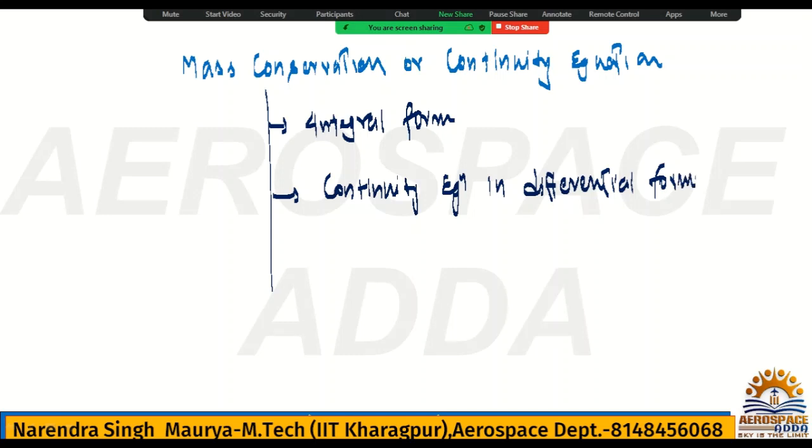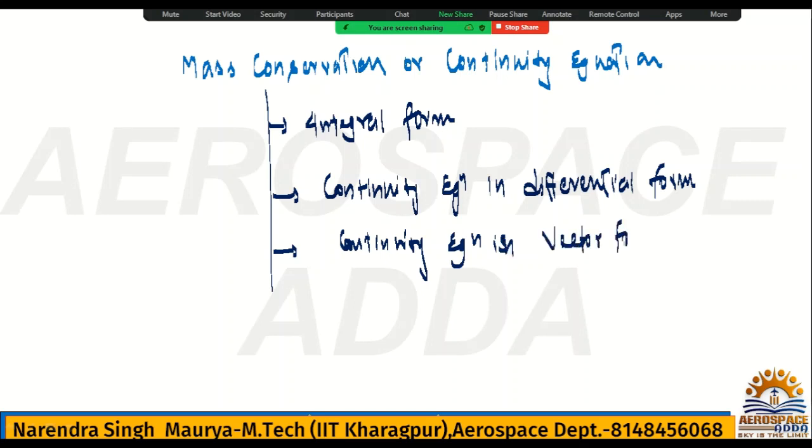Then we have continuity equation in vector form. These are the different formats to write the continuity equation.